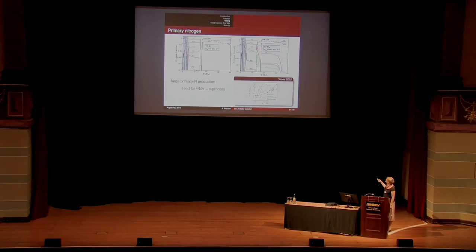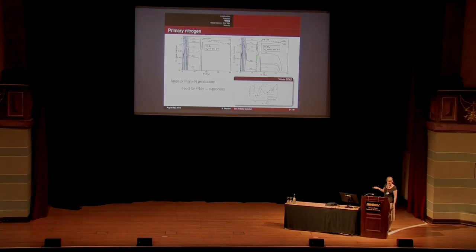You see that the fast rotator has undergone this flash and has produced a large amount of nitrogen. This nitrogen will go back to the core to form neon 22, which is here in the dotted red line, totally absent here. And neon 22 is very interesting because it's a seed for the s-process.